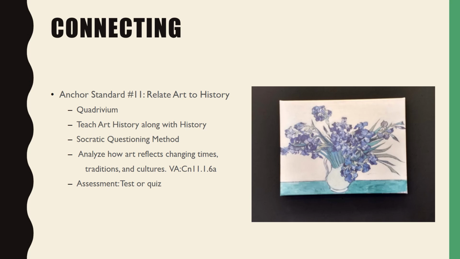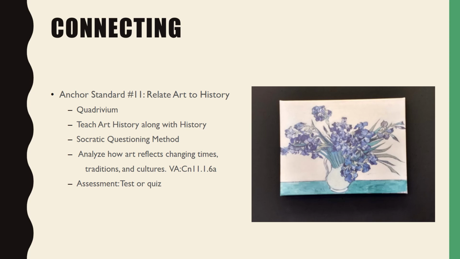The performance standard that we're bringing out here is CN 1116A, analyzing how art reflects changing times, traditions, resources, and cultural uses. There's so much that you can do with this. You really can use this method I've described here with any work of art.